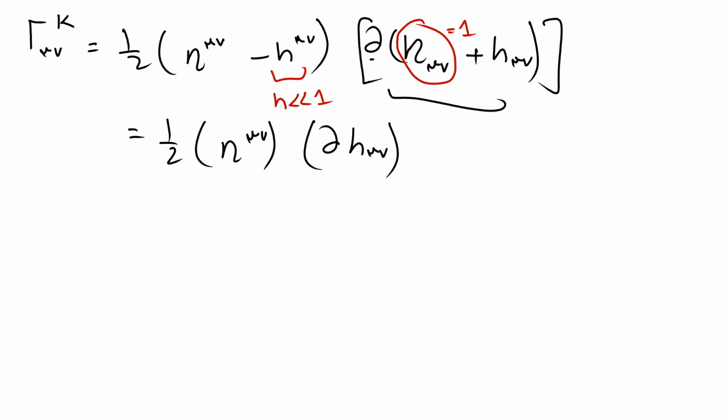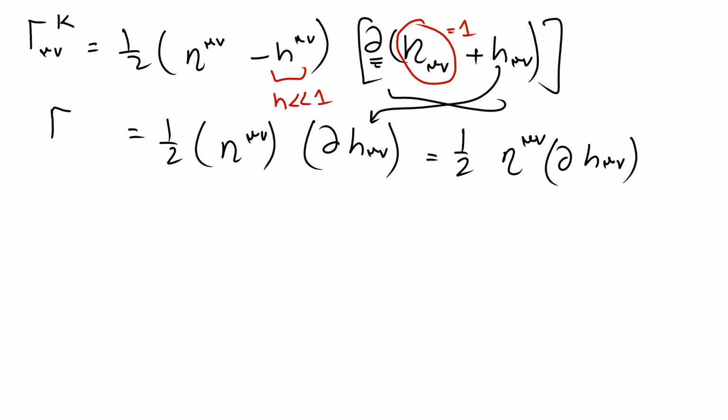And when the derivative of 1 is taken, what happens to 1? The derivative of 1 becomes 0. So only this term is remaining, and that is the perturbation term. Let me write in the short form, 1 by 2 rho mu nu partial h mu. This is the value we will use.